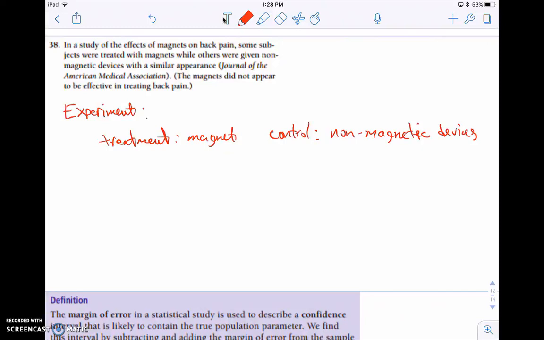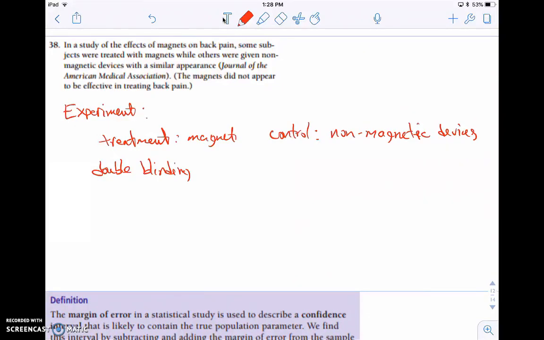In this case, it would be very appropriate to do double blinding, because if the individuals who are administering the treatment knew that one was magnetic and the other was not, they may not take the magnet as seriously.